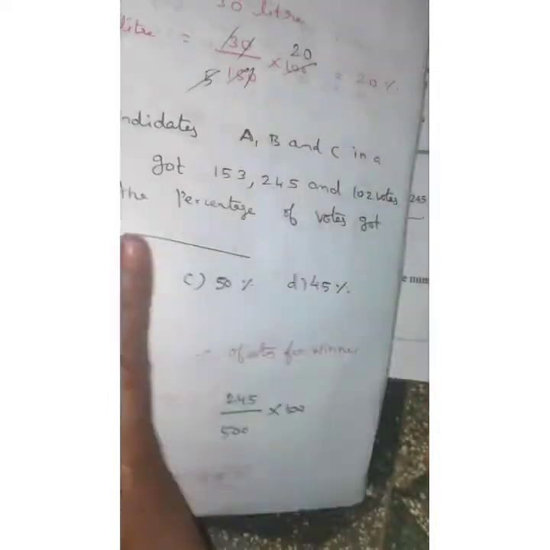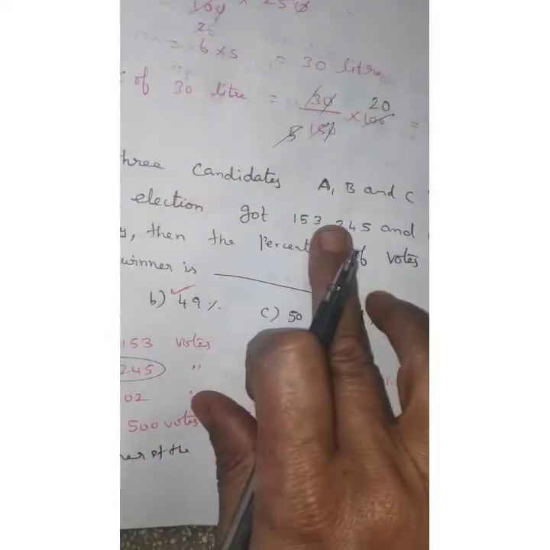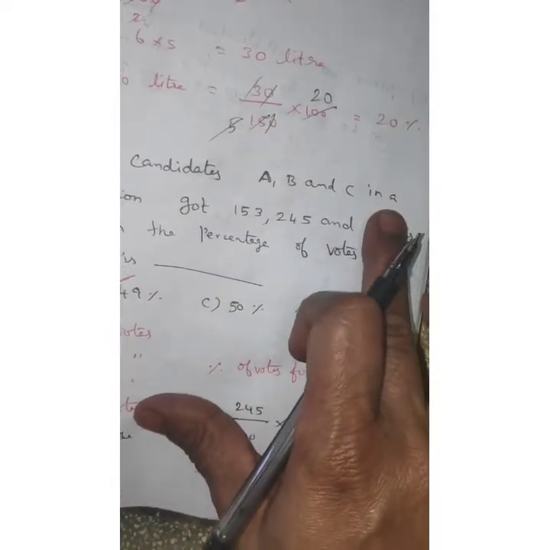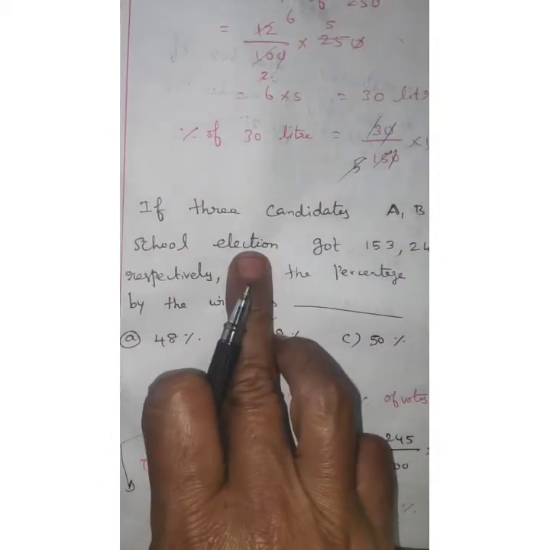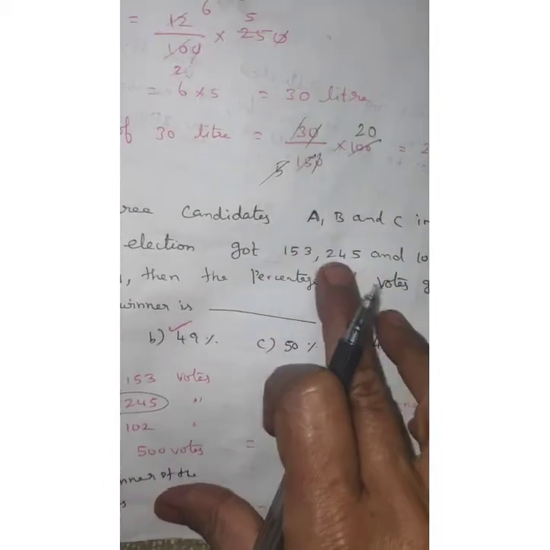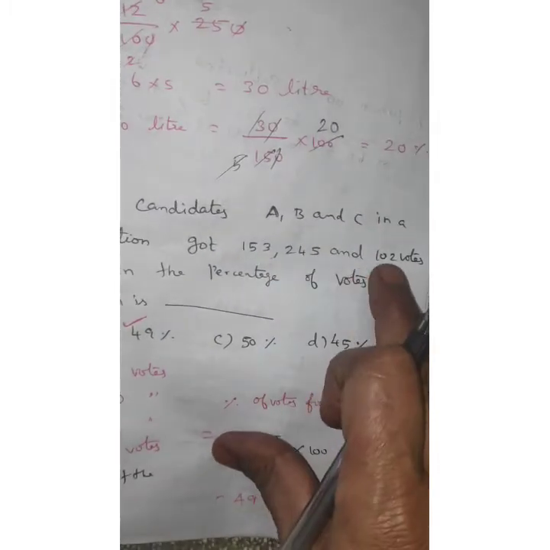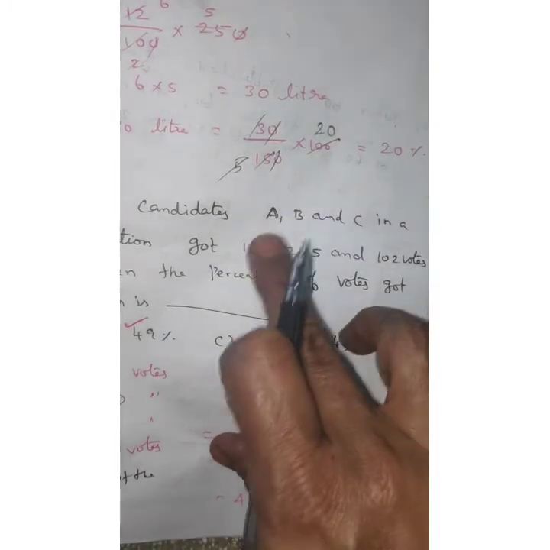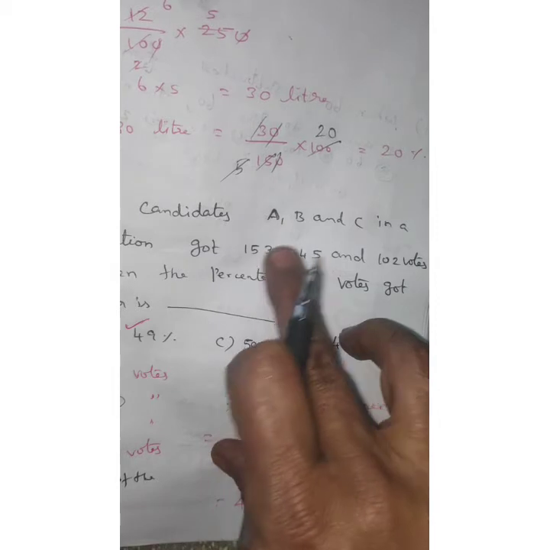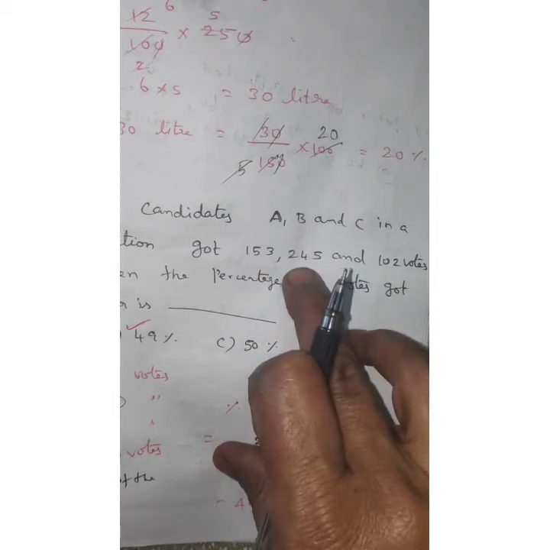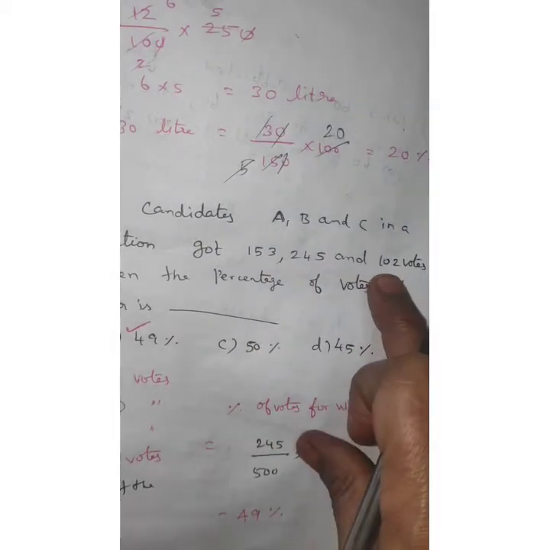Second question: if three candidates A, B, C in a school election got 153, 245 and 102 votes. A got 153 votes, B got 245, C got 102 votes.